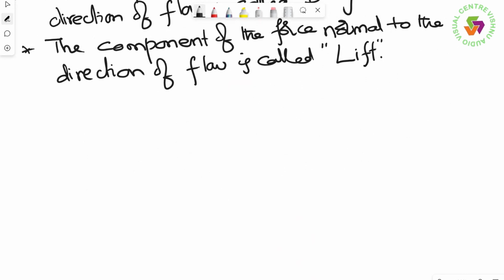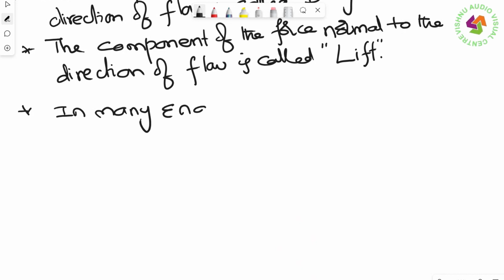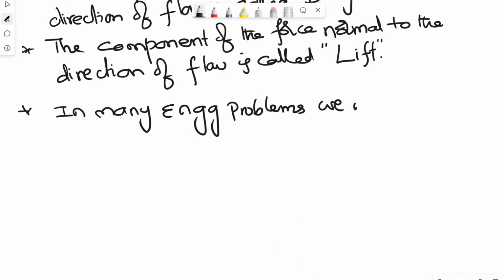And now in many engineering problems, we need to determine these forces.